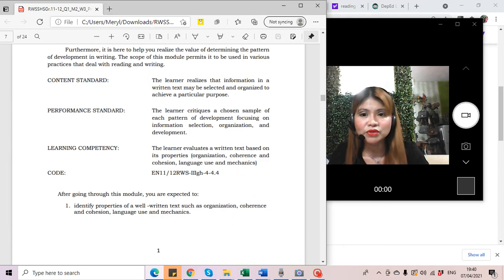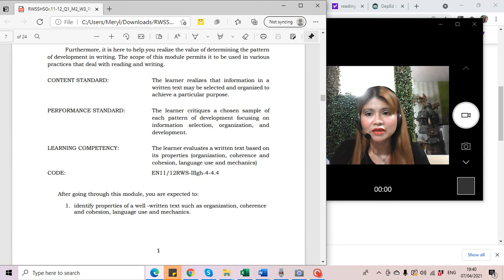Let me read to you the following. The scope of this module permits it to be used in various practices that deal with reading and writing. So for the content standard, the learner realizes that information in a written text may be selected and organized to achieve a particular purpose.